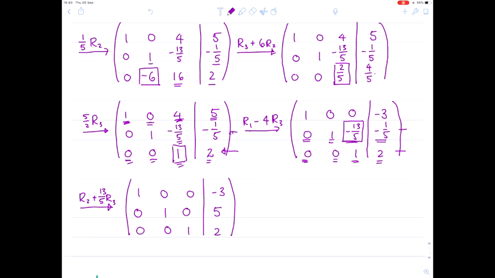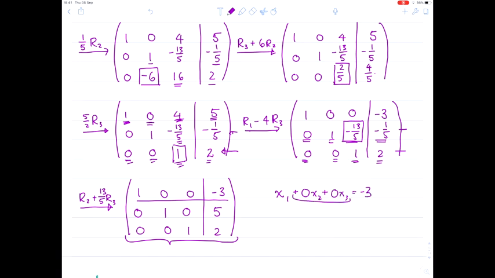We can now take this augmented matrix and write straight out the equivalent linear system, which shows us exactly what the solution to the original system is, because our first row corresponds to the equation x1 plus 0x2 plus 0x3 is equal to minus 3.